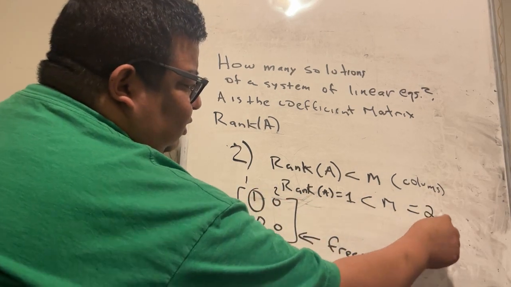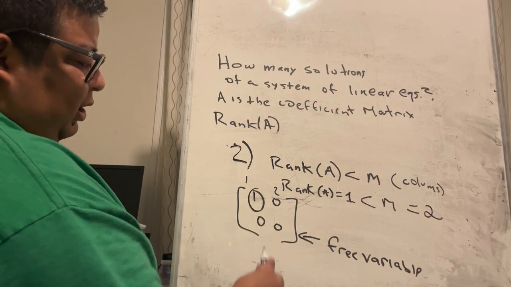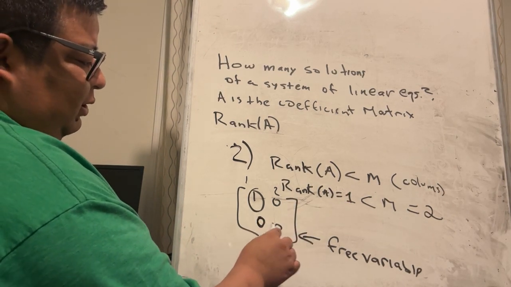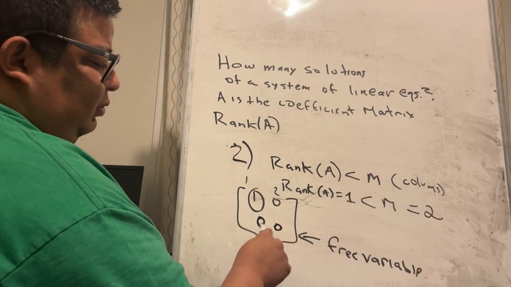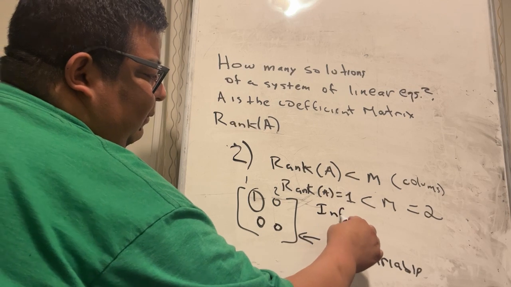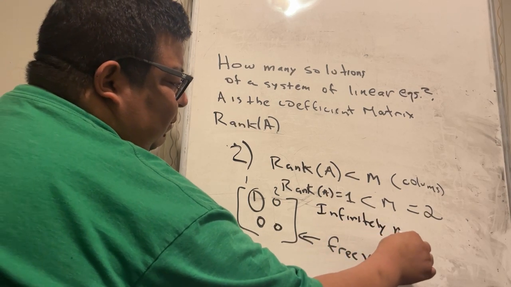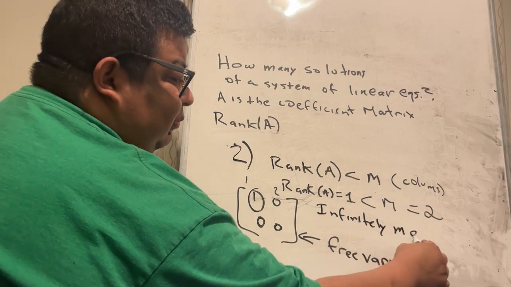So which is less than 2. And the ones that are remaining here are zeros. That means here we have infinitely many solutions.